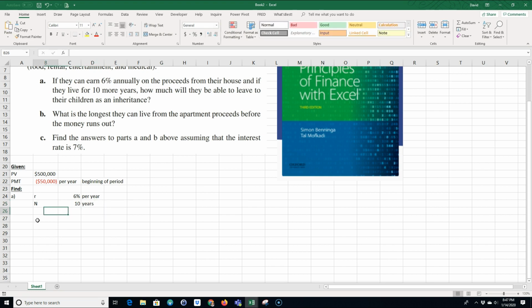We want to find what the future value is after all that happens.